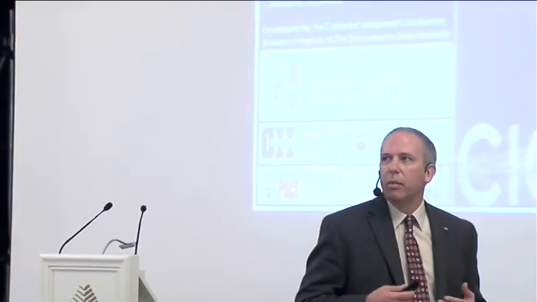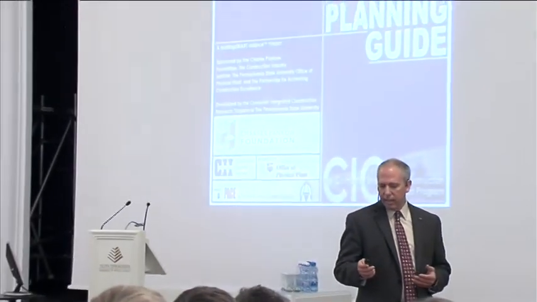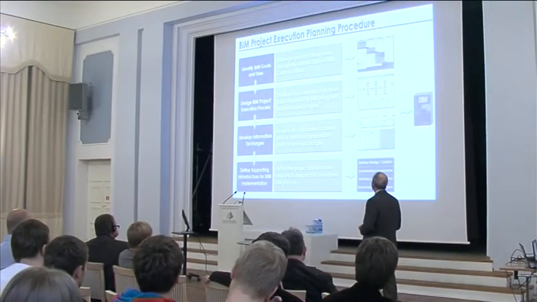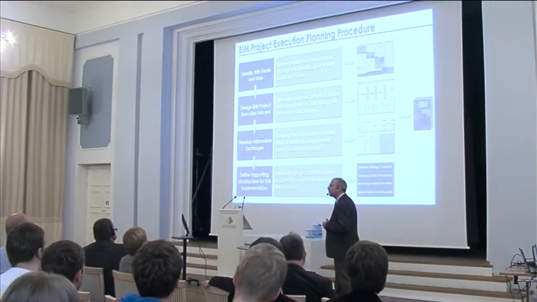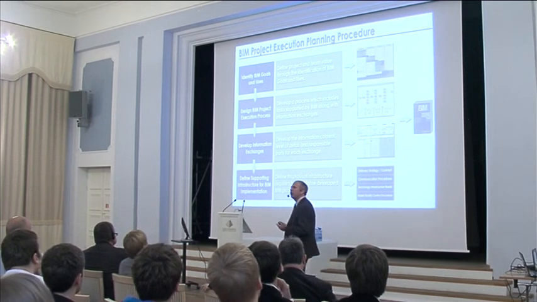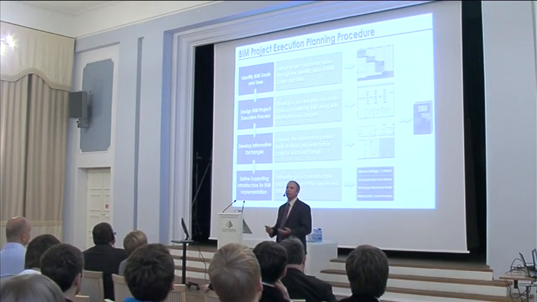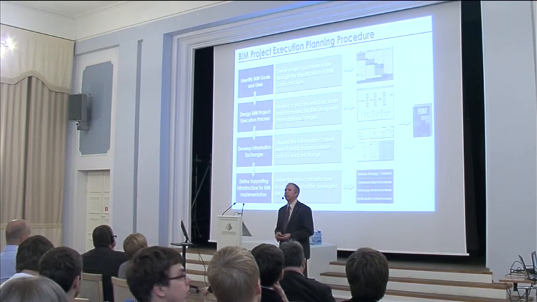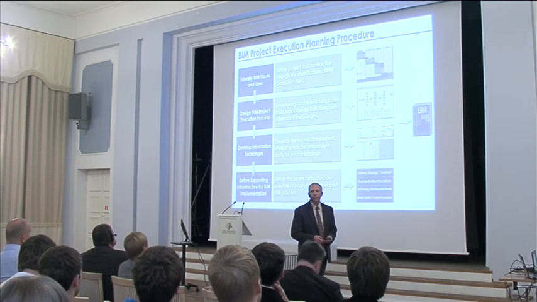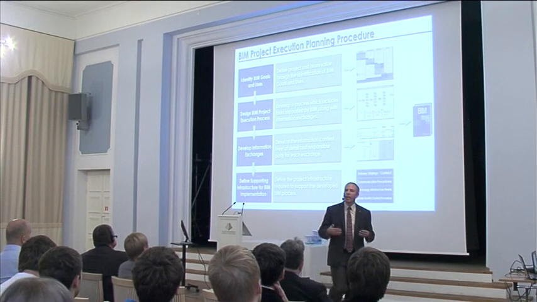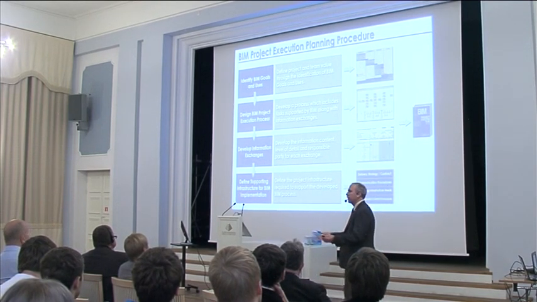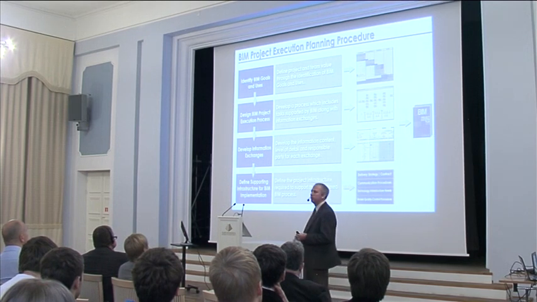So now I'd just like to give a quick overview of some of the different items that are contained throughout the BIM Project Execution Planning Guide. So this planning guide documents a 4-step structured procedure for planning out the implementation of BIM on a project. It all starts by looking at the overarching goals. What are your project goals, and how do you want to use BIM?